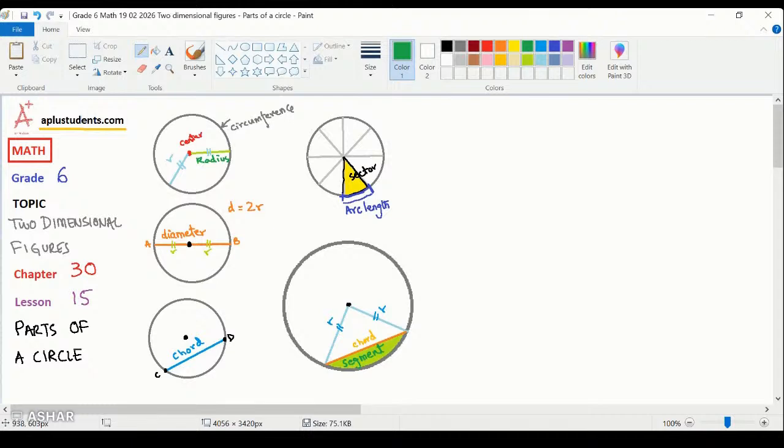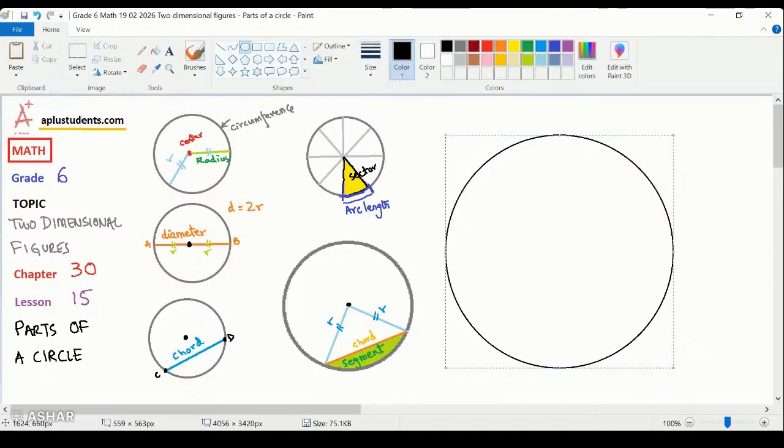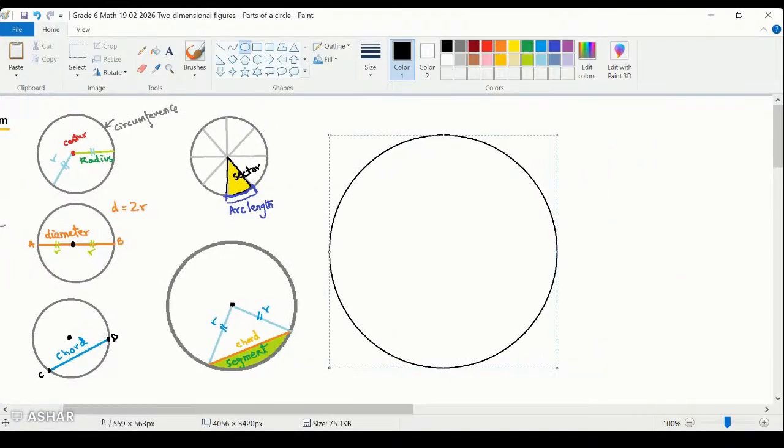If we have this information, let's try drawing everything on a single diagram. If we have this circle, we will try to draw the diameter. A diameter is a line that passes through the center of the circle. This was the center.